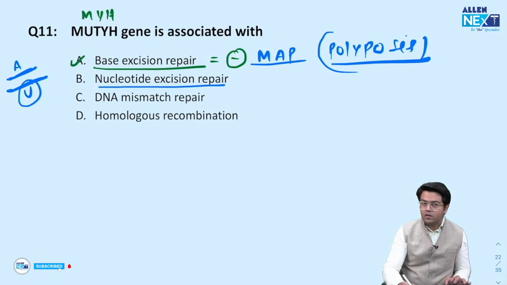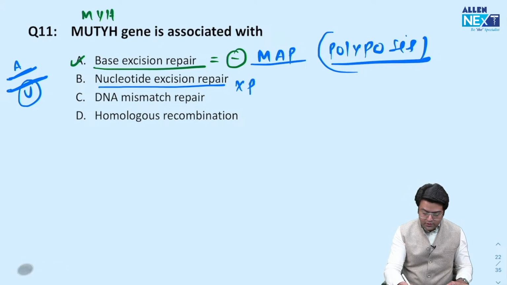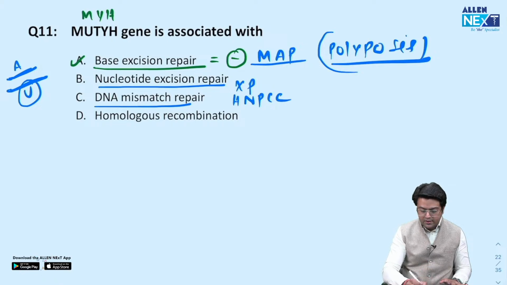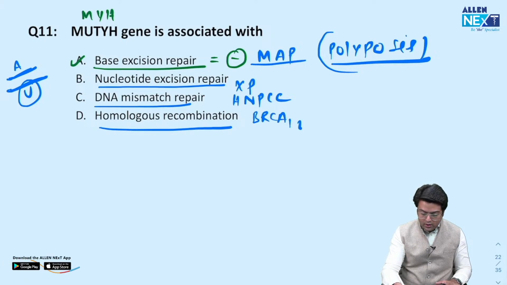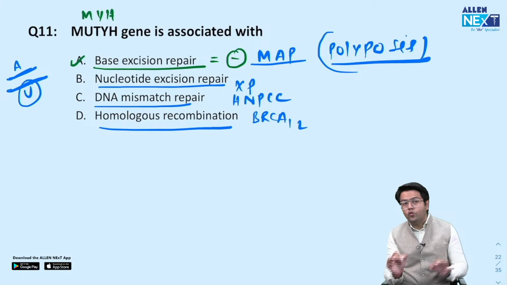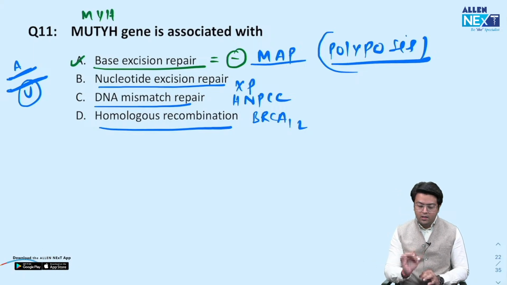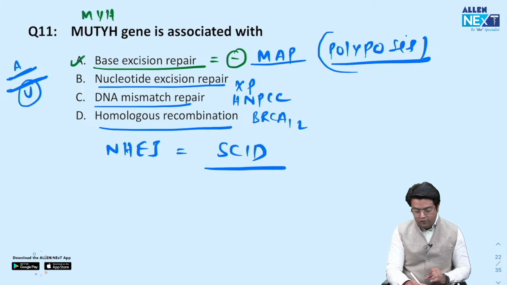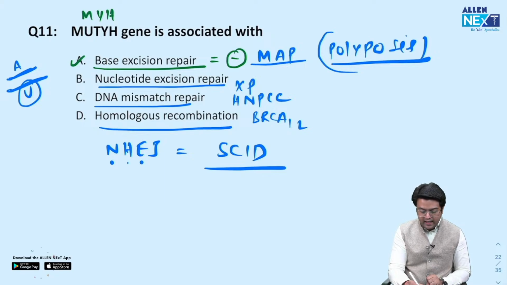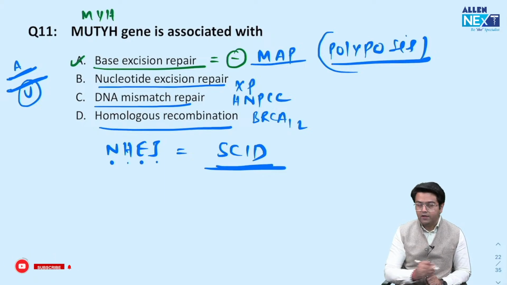Nucleotide excision repair disorder is xeroderma pigmentosum. DNA mismatch repair is hereditary non-polyposis colon cancer. Homologous recombination disorders are familial cancers. Okay, so BRCA1 and 2, that is familial breast and ovarian cancer, right. Okay, and if it is a non-homologous end joining related disorder, remember at least SCID, that is severe combined immunodeficiency.